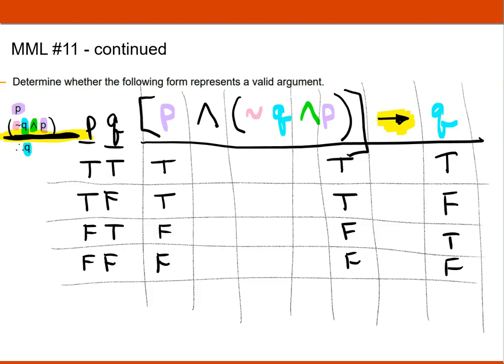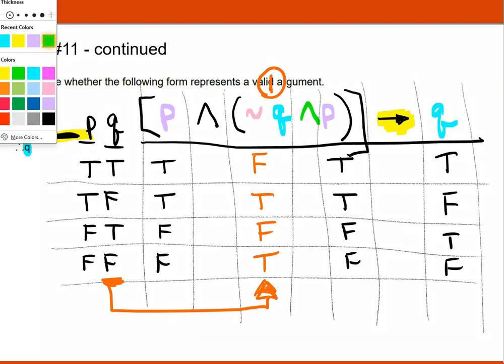Okay, so now step number 1 is going to be inside the parentheses, and it's going to be this one right here. To get this column, I have to negate Q, and Q is right here. So changing TFTF to its negation would be FT, FT. And now, I guess I'll do this one in the lime green.